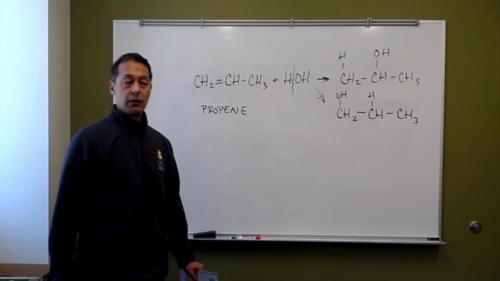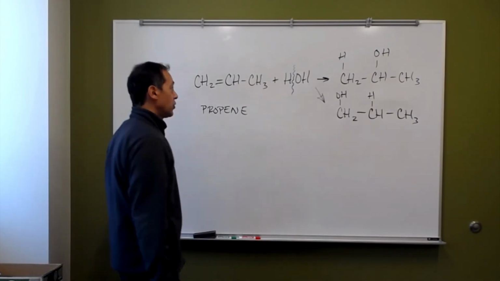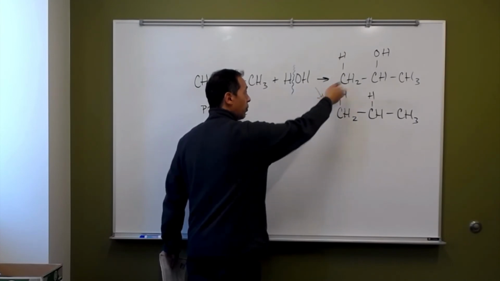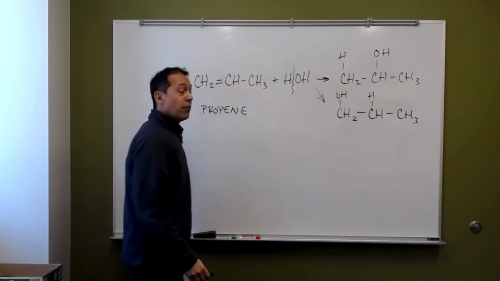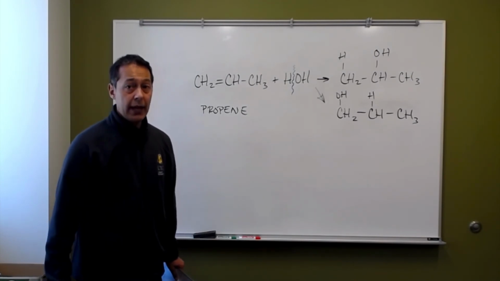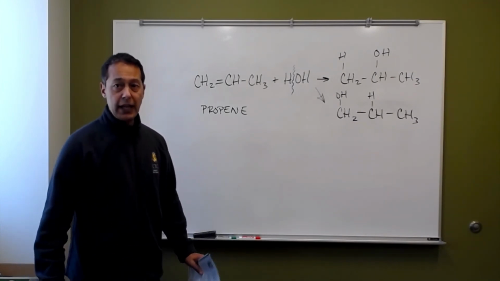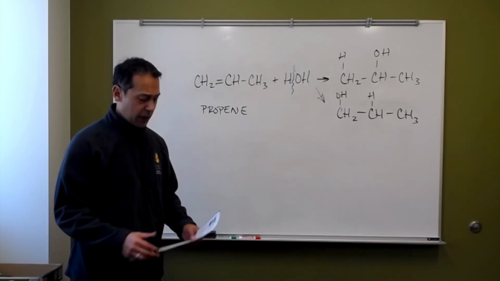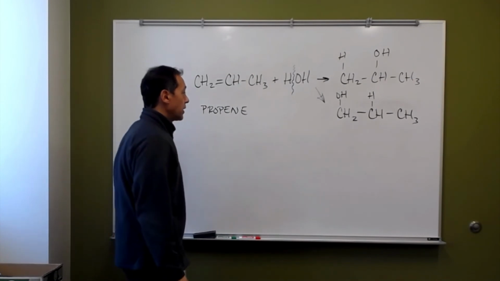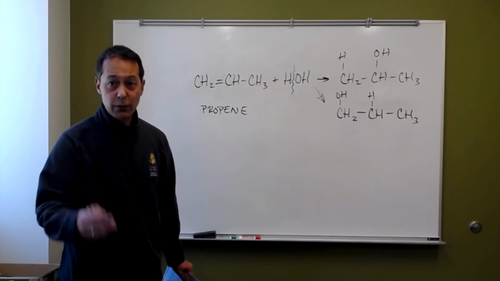And you go, how do we know which one it does? It turns out in this reaction we do end up with both of these products, but we end up with more of one than the other. So one is more favored than the other. The way that we predict this, there's this smart dead guy named Markovnikov, and he came up with something called the Markovnikov rule.